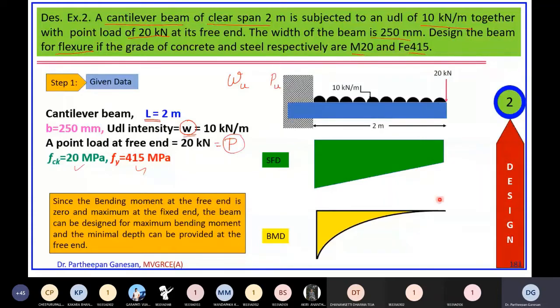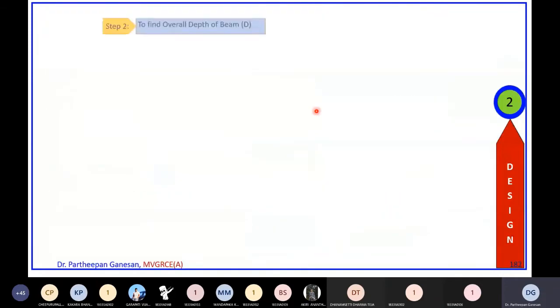Because bending moment is also 0 and shear force is half the shear force at the fixed end, you only need minimal depth here. But in some cases, for ease of construction, they will provide the same depth everywhere. But it doesn't have to be full depth.